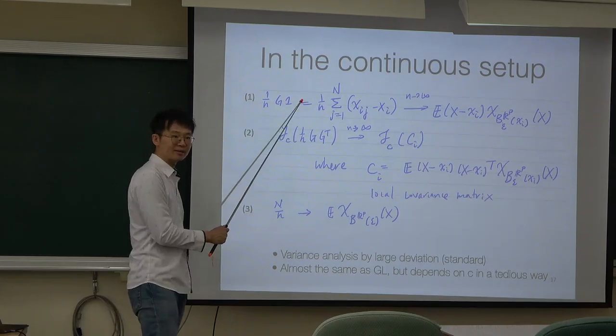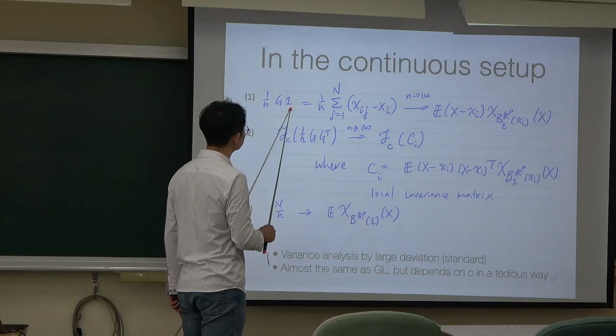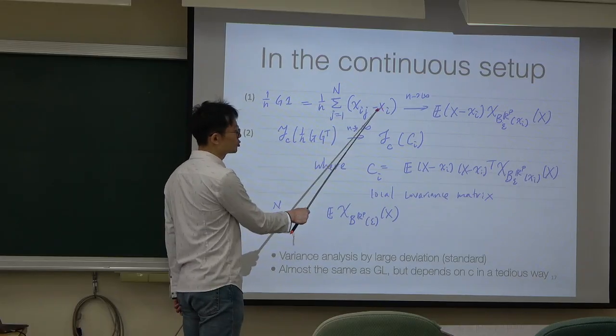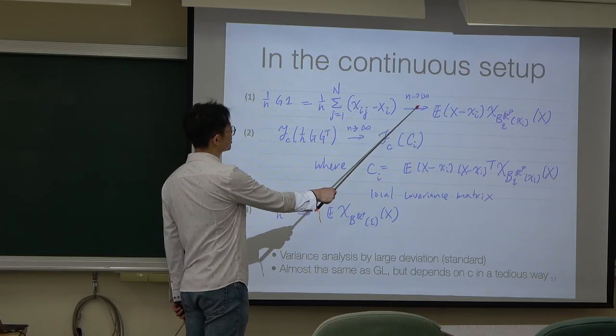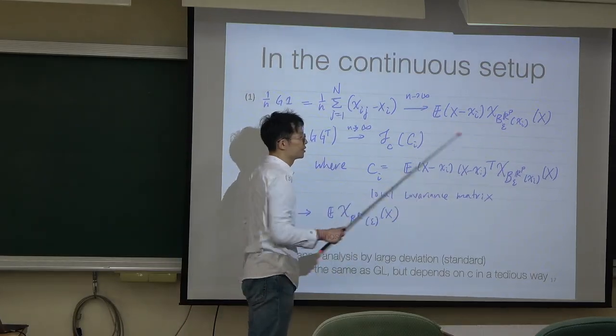We would expect them to have the following behavior. First, 1 over n G1 can be written discretely in this way. And when n goes to infinity, we expect that it will converge to this expectation.